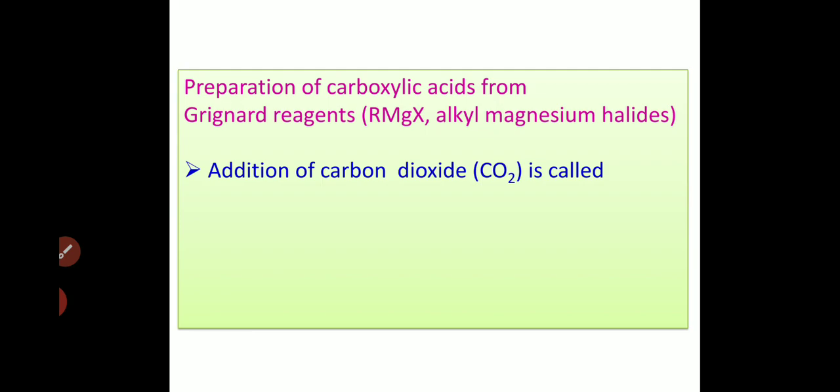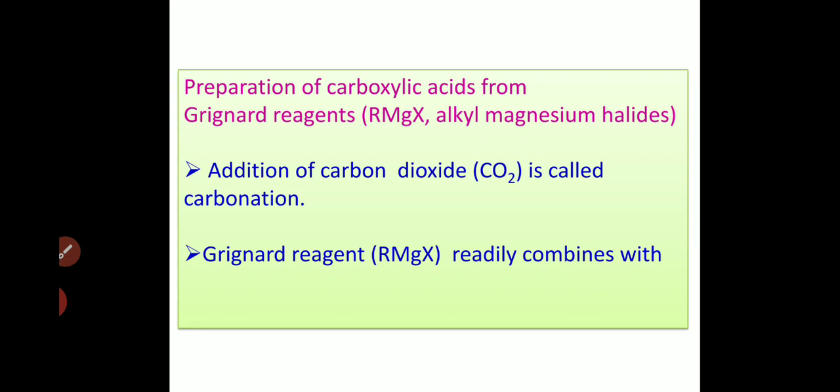Addition of carbon dioxide is called carbonation, like hydration, hydrogenation, halogenation. In this way, carbonation is the addition of carbon dioxide. Now, in which way is it related to the present topic?